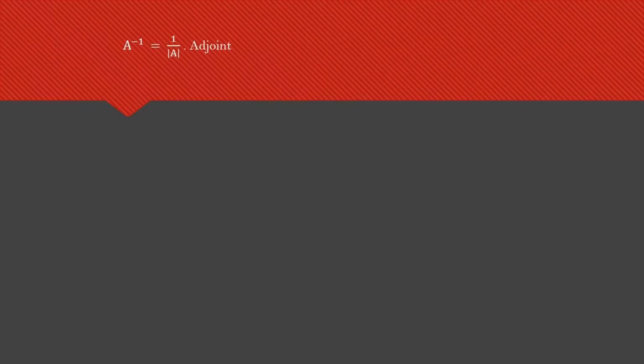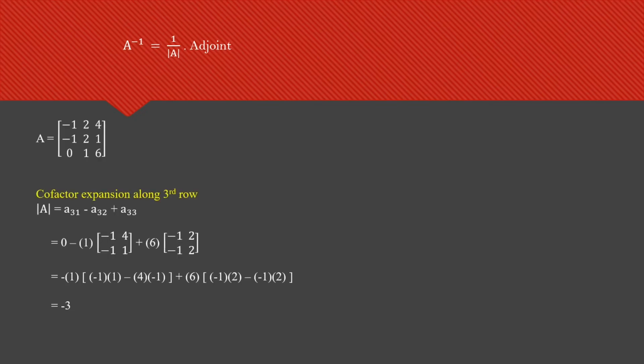According to formula, A inverse equals to 1 over determinant A times adjoint. Since we already have the adjoint matrix, we just have to find the determinant A. You can use any method you like. Here, I use cofactor expansion along third row. After getting all of the elements, substitute into the formula, and we will get the answer.